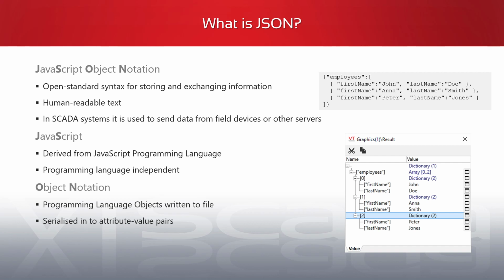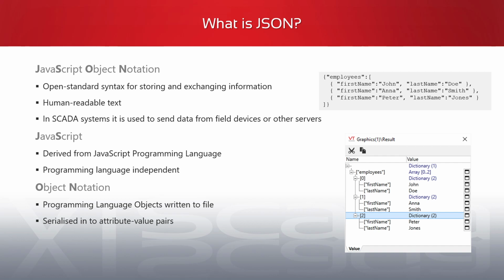And then below, what I've done is I've taken a little snippet from our source debugger, so that's VTScada's inbuilt source debugger, to show how that information, once read in by a programming language, is actually directly related, directly implemented right there in the programming language. So you can see that we have a structure called a dictionary, which holds an array of 3 elements.